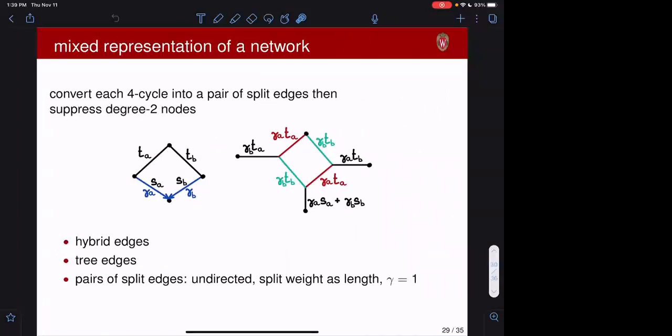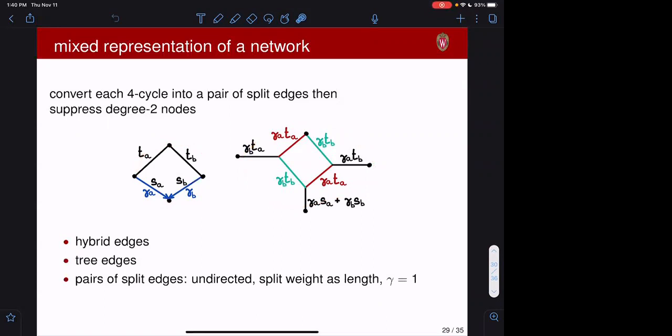Okay. So now for a bigger network, what we're going to do is consider a mixed representation of our network. What we do is any 4 cycle, like this one, we convert to a split network. For a level 1 network, any larger cycle we leave as is.